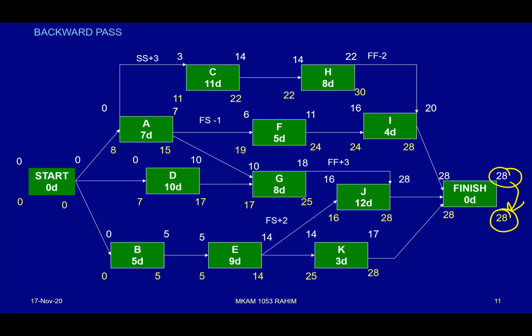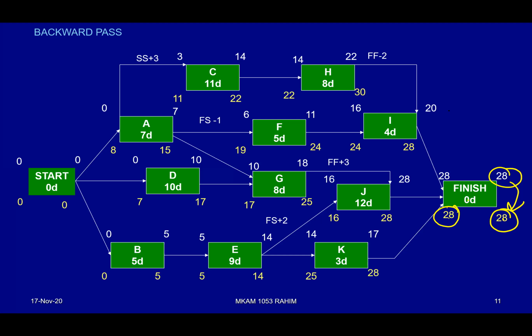By subtracting the duration, you will get the late start. 28 minus 0 equivalent to 28. That is simple. Then, using the arrow, you go back. If there is an arrow coming from I, then you go back to I. If there is an arrow coming from J, then you go back to J, etc.